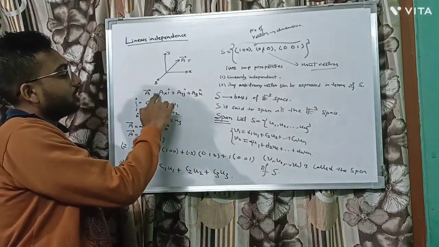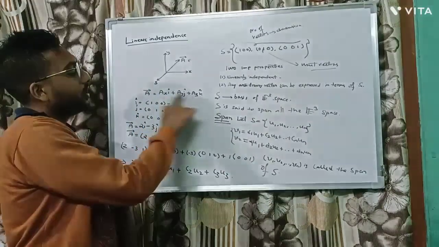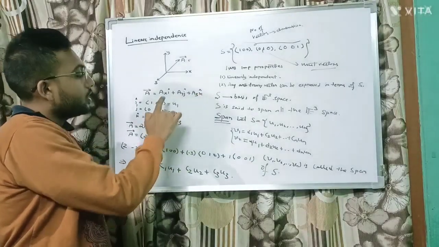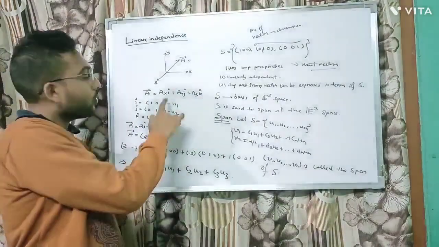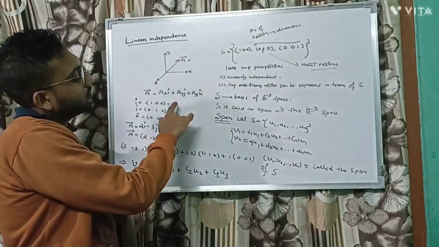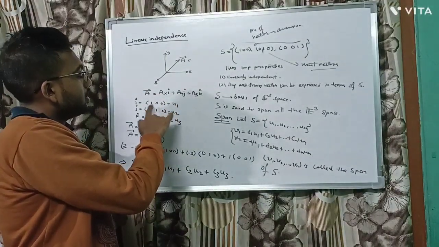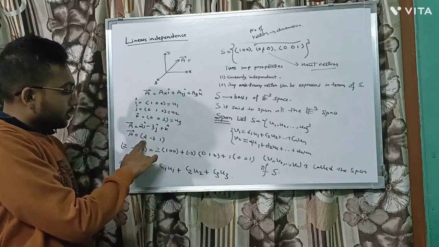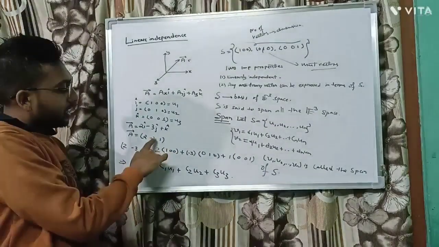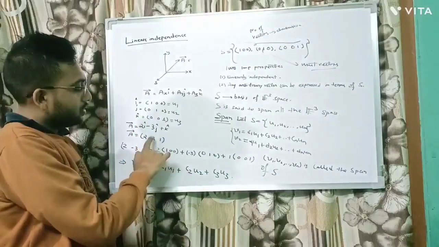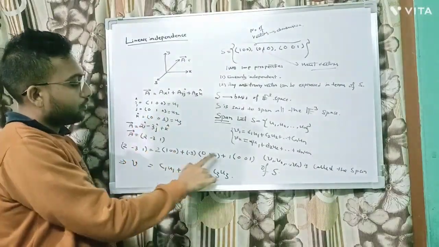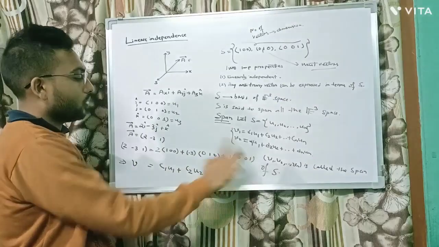As we have named them in terms of numbers, we can express it as 2 times (1, 0, 0) plus -3 times (0, 1, 0) plus 1 times (0, 0, 1).